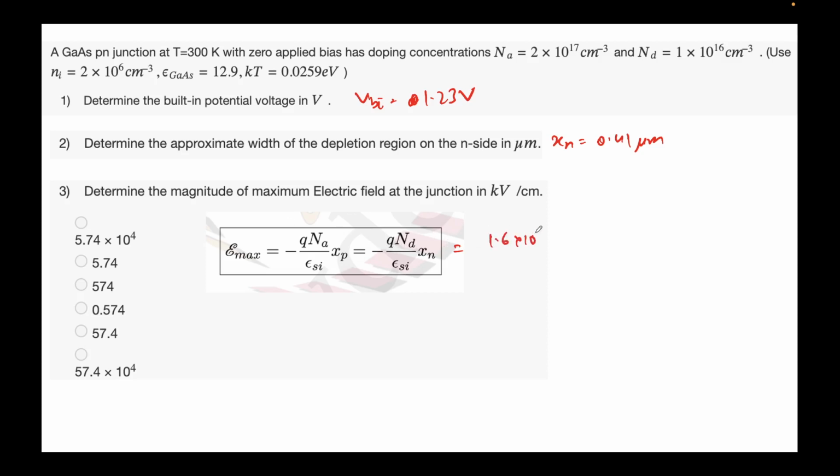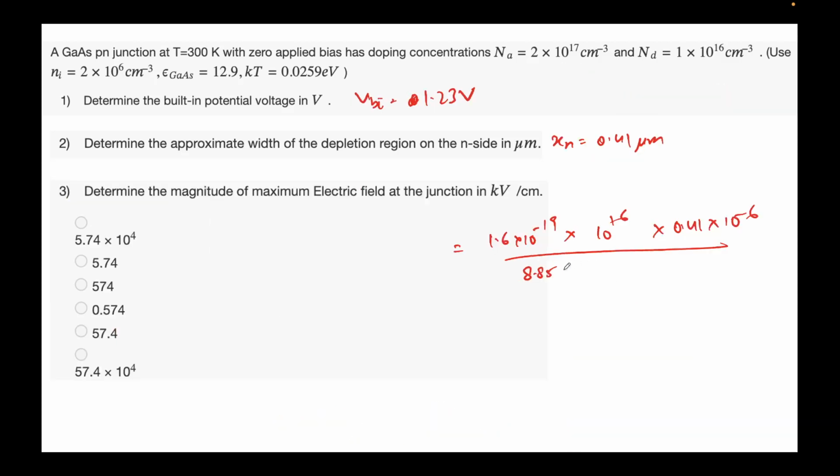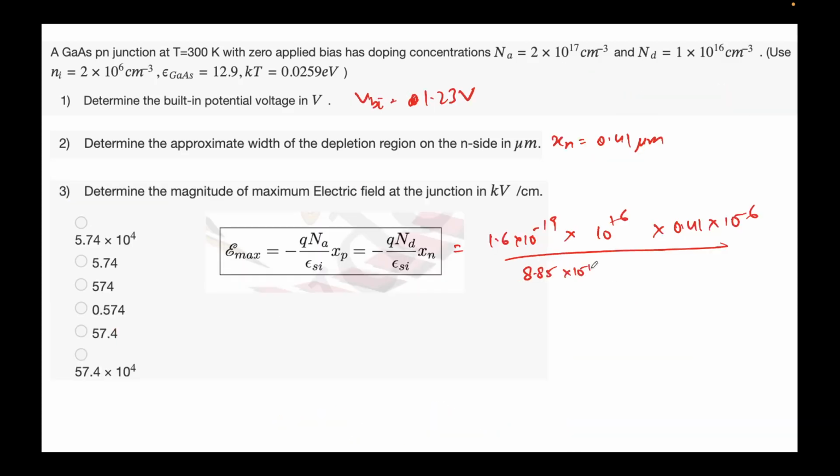So 1.6 times 10 to the power minus 19, Nd is given as 10 to the power 16, Xn we have already obtained as 0.41 times 10 to the power minus 6, divided by 8.85 times 10 to the power minus 12. Then this also has to be in centimeters, so this has to be 10 to the power minus 4 for length, times the epsilon value, which is 12.9.